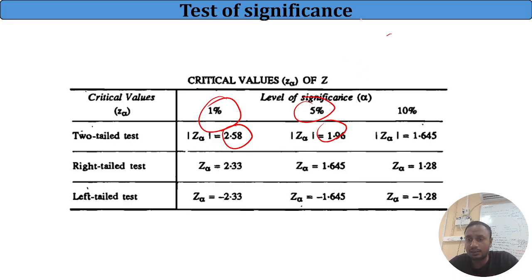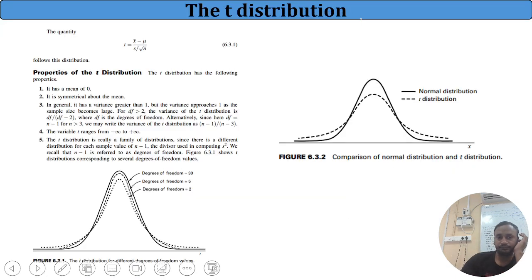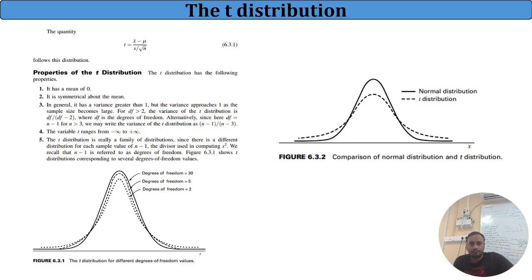And we'll see the t-test. Can anyone tell what the t-test is? What is the assumption of the t-test? The t-test is for small sample size. Yeah, that first assumption should be the small sample.